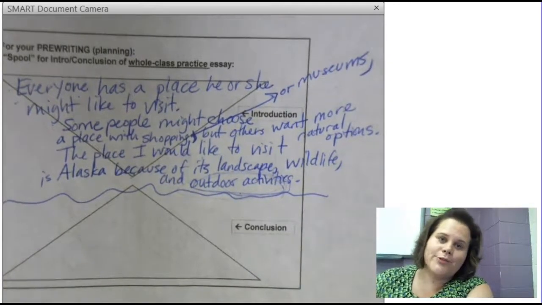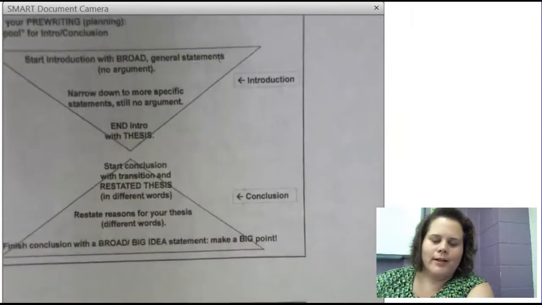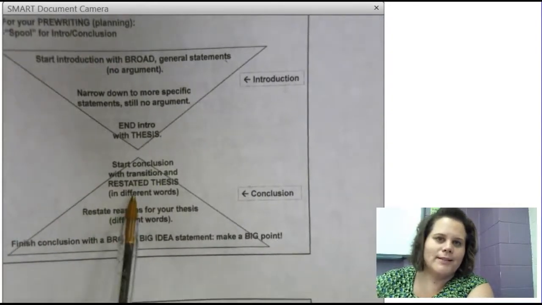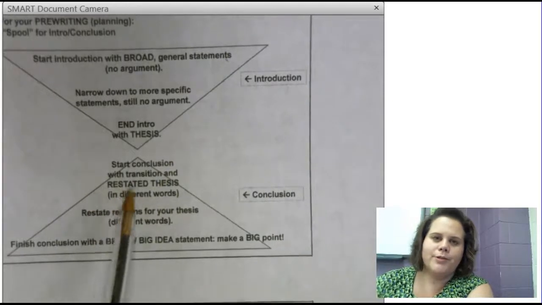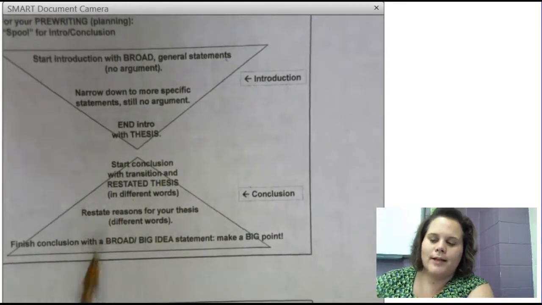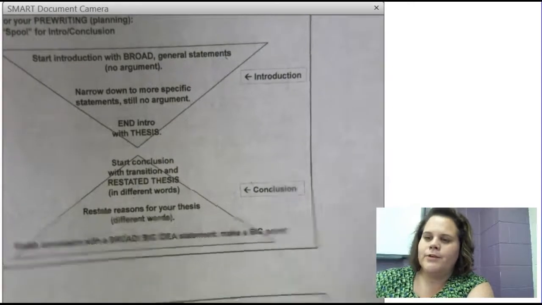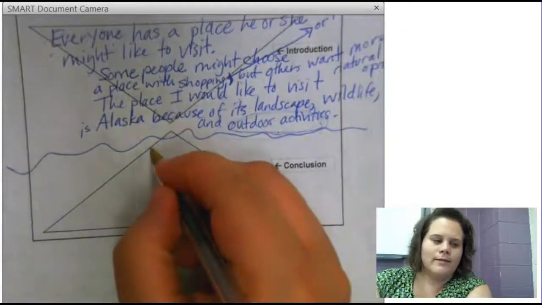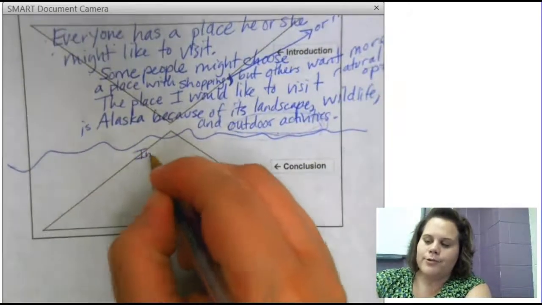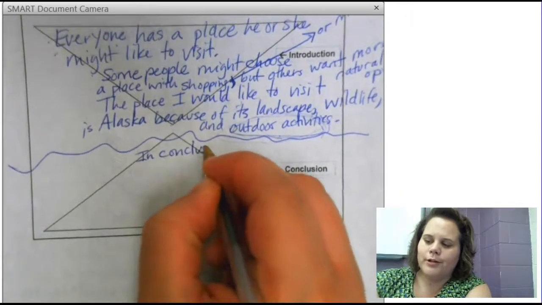All right, conclusion. In your conclusion, you want to start with a restated thesis, split it up maybe into two sentences, and then make a point. So don't write the same exact thing. Maybe we could write "In conclusion" to show we're concluding.